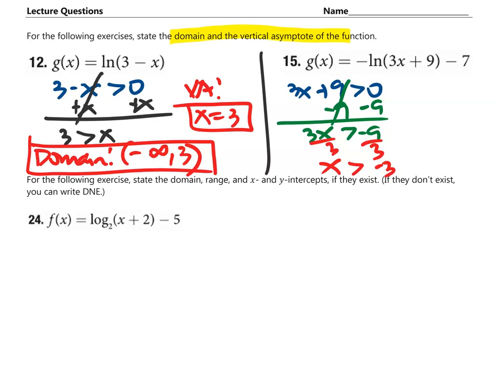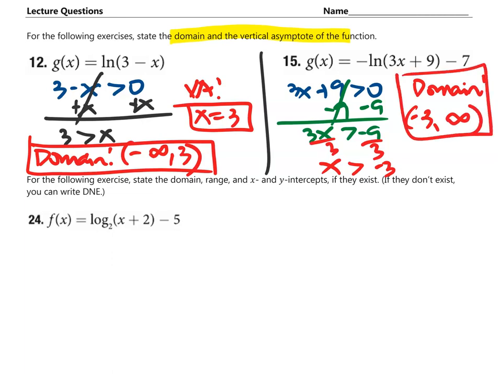So our domain is, yes, from negative 3 to positive infinity. And since x is greater than negative 3, so our vertical asymptote is x is equal to negative 3.